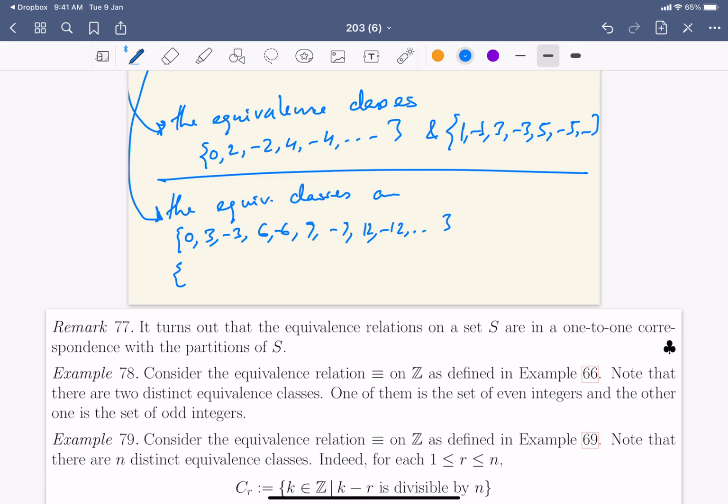So I need to add 1 to all of them, so let me do it. It will be just 1, and then 3 plus 1 is 4. Let me do it in this fashion: 7, and then 10, and 10 and 3 is 13. So it has to be minus 2, and then minus 5, minus 8, then minus 11, and so on.